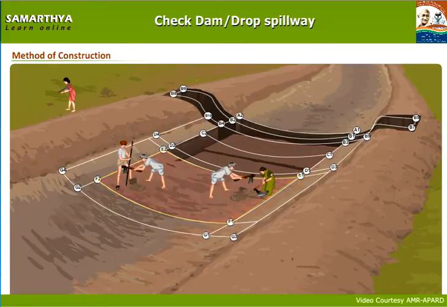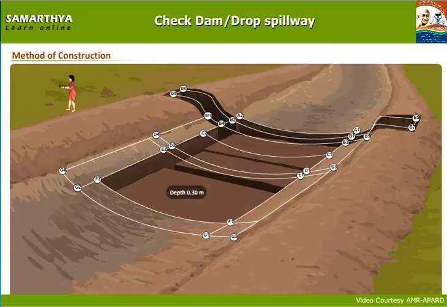Dig at the center of E1, E2, F2, F1 from the bottom of the stream with a depth of 0.30 meters and deposit the soil away.